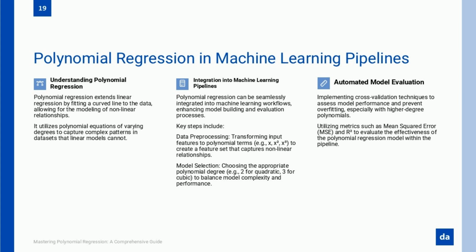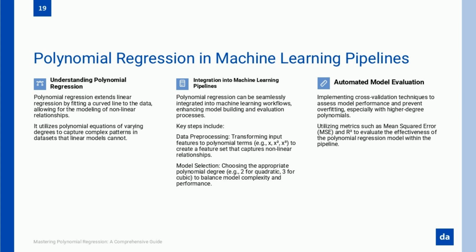The challenge is selecting the right polynomial degree, as increasing the degree adds complexity and increases the risk of overfitting. Instead of manually choosing the polynomial degree, pipelines can be designed to test multiple degrees automatically and select the one that provides the best balance between accuracy and generalization.